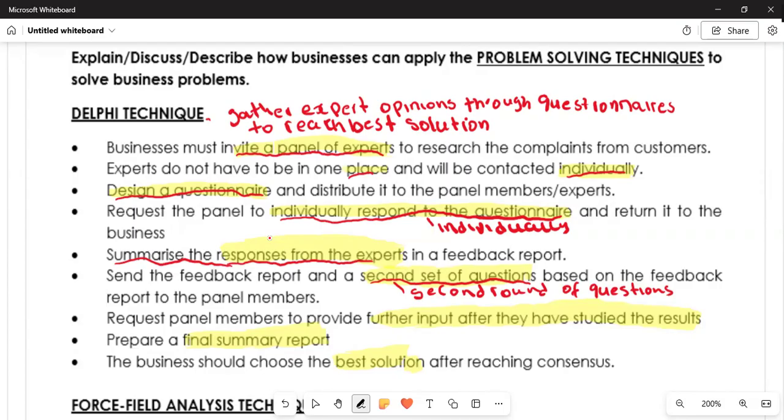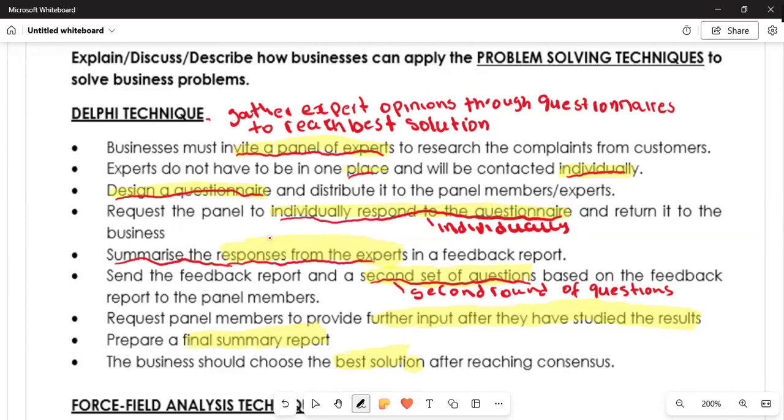With this one, you request panel members to provide further input after they have studied their results. Then after that, you go to prepare a final summary report.